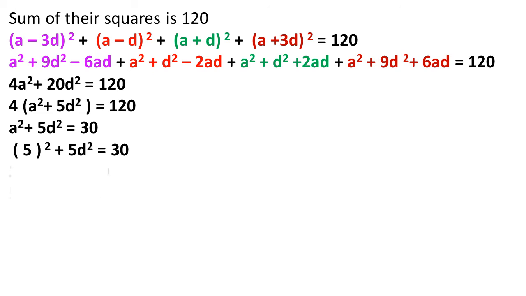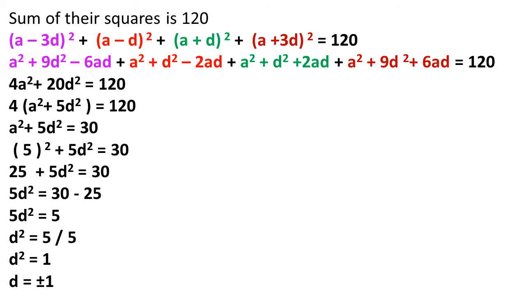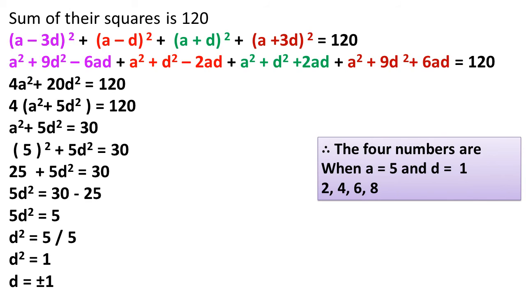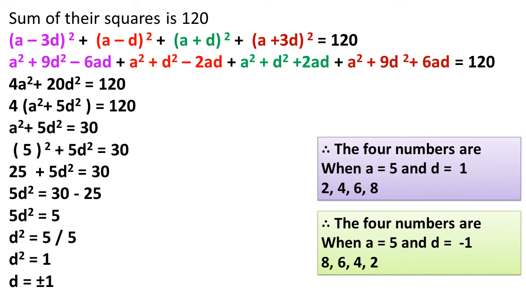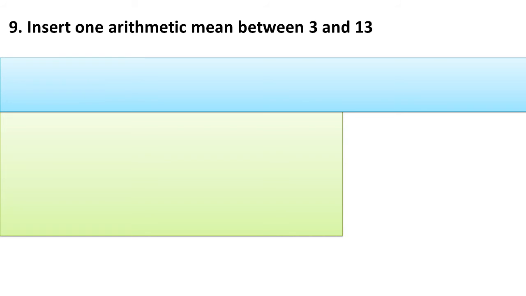After simplification, the value of d will be obtained as plus or minus 1. Consider the value of d as plus 1, then the numbers will be 2, 4, 6 and 8. If the value of d is minus 1, then the terms will be 8, 6, 4 and 2.